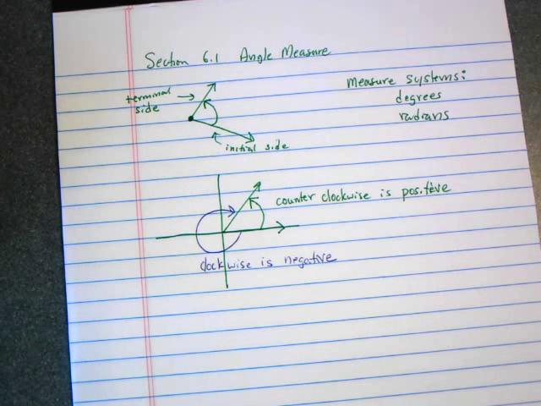All right, so we have two different systems, radians and degrees. What's the third system? Anybody know the third system? Starts with a G. Gradians is correct. Gradians is the third system. It sounds like radians, but it's pronounced gradient.